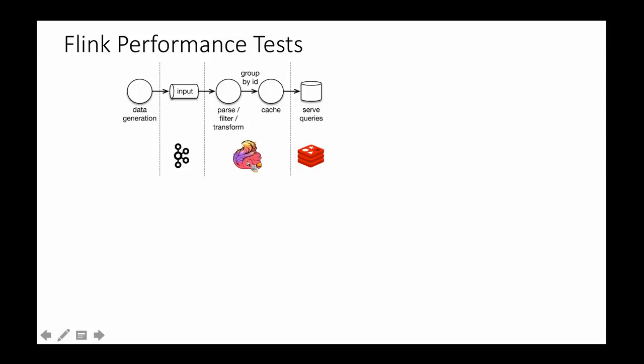In our case, we're going to focus on Flink. It did a variety of standard things as part of the test: parsing, filtering, transforming, roll-ups, group bys, and caching that data, and then being able to serve queries on that data in real time. So that was the test.